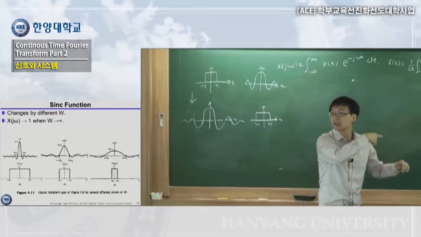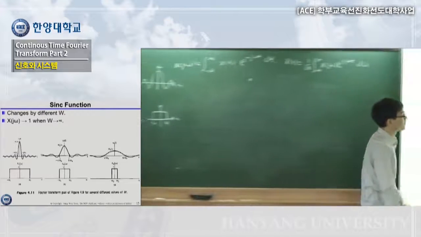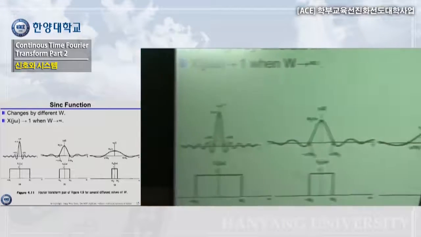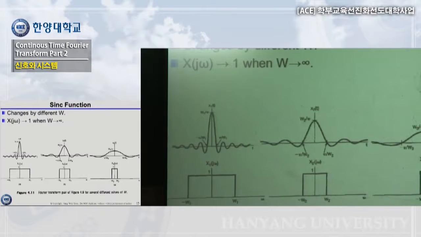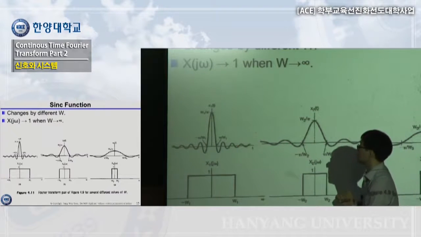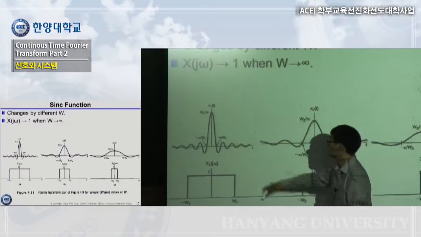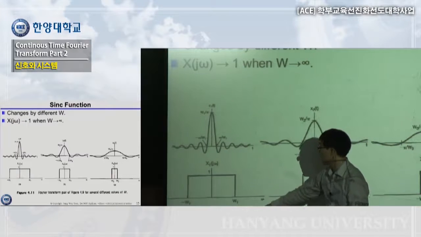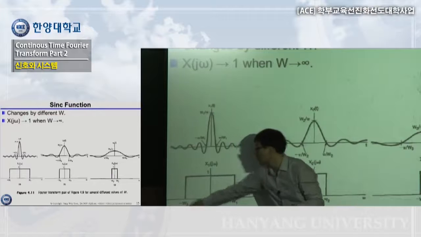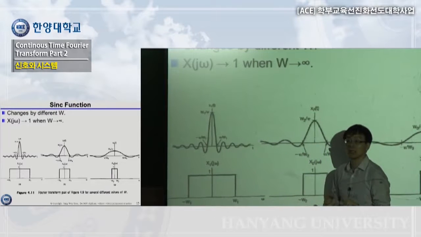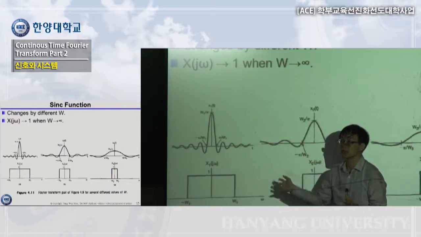Can you see this? I keep on using this side, but using the equation we have learned before, let's have some examples. The last example we have is omega in frequency domain. This is a rectangular signal in frequency domain.